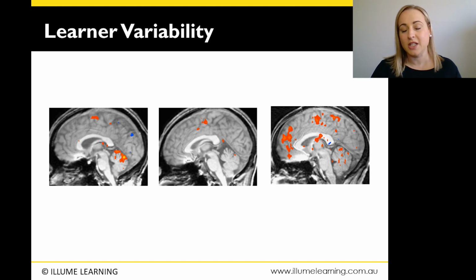These three individuals were all completing the same task. It was a very basic finger tapping activity. But what you can see here is that each of those individuals are using completely different parts of their brain to complete that same task. In fact, we know that the way that we learn is as unique as our fingerprint. There would be no two people in the world that would have the same fMRI image.